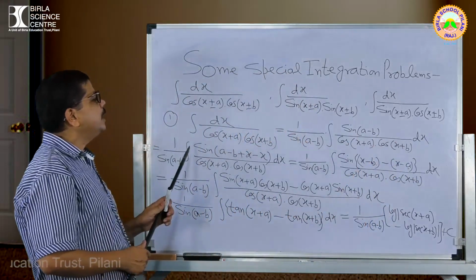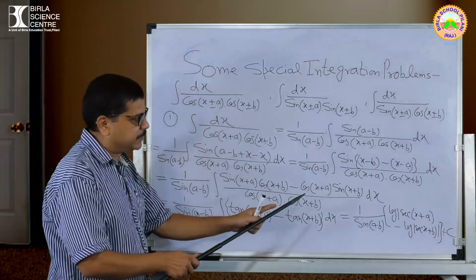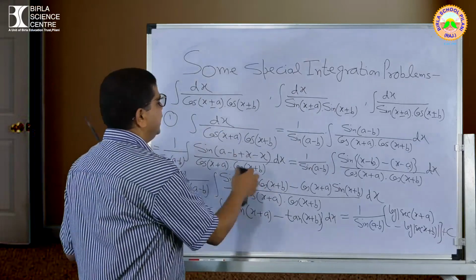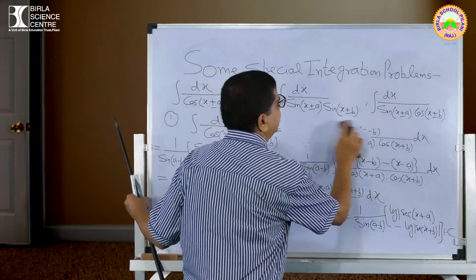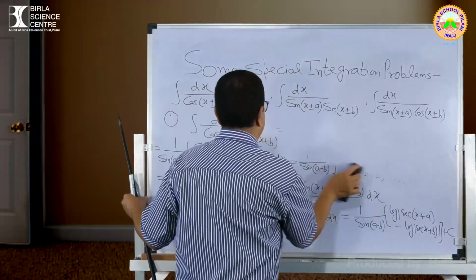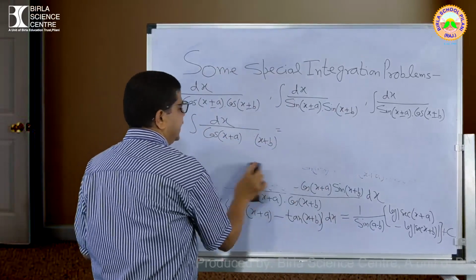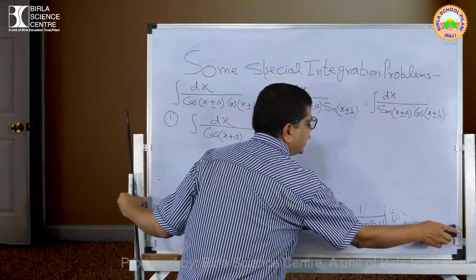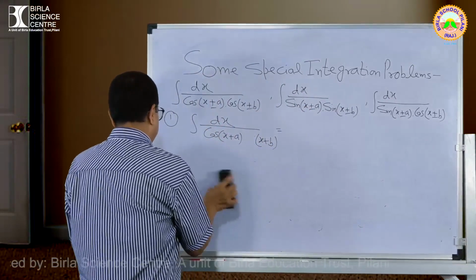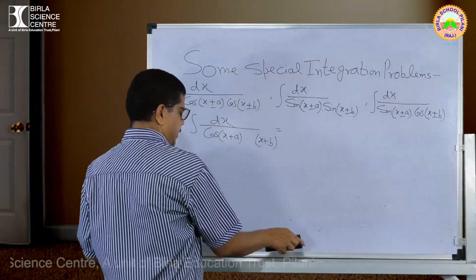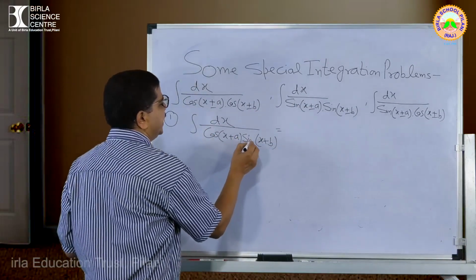Now if these two terms are the same, if they are cos cos or sin sin, then we will follow this procedure. If the terms are different, if it is cos sin or sin cos, then we have to follow the same procedure, but multiply and divide by cos, like cos(x plus a) into sin(x plus b).